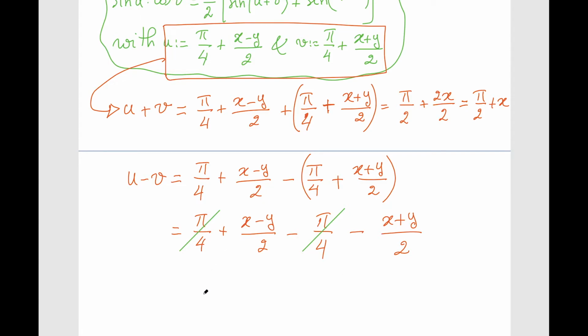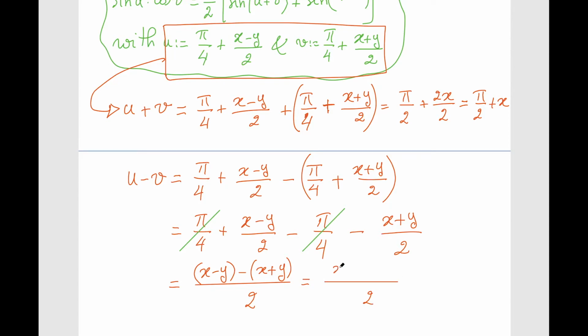So let's write them on the same denominator first, just 2. And what do I have? I have x minus y, this numerator, minus this numerator, right? So it's that numerator minus that numerator, so I get this. How much is that? Still over 2.